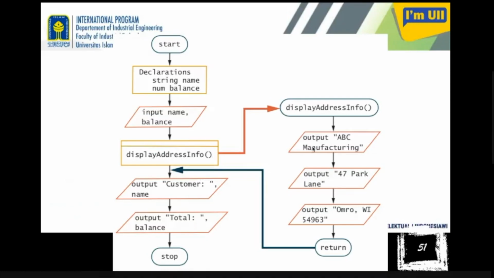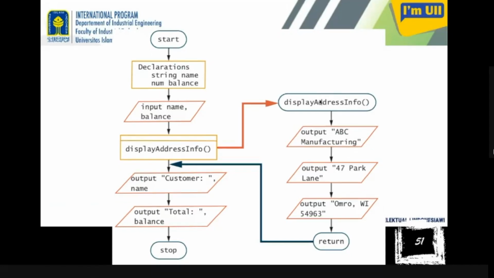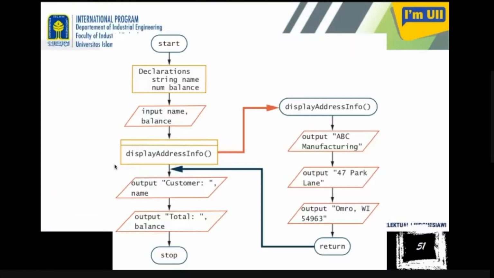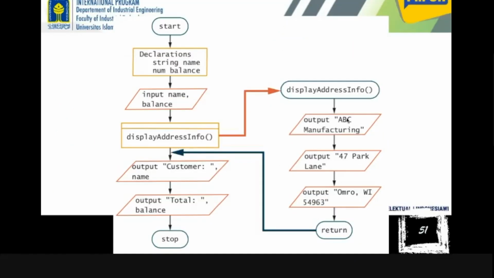You write all this address information in a box, write the module name, and write the return statement at the end. In between you group together whatever steps you wrote in the last flowchart, and use this symbol. The name of this module is display address information.